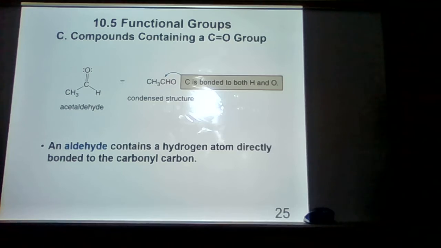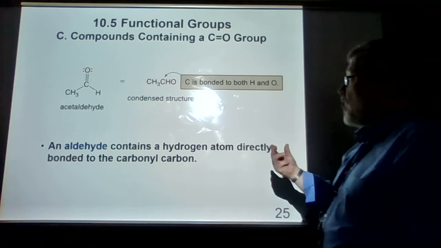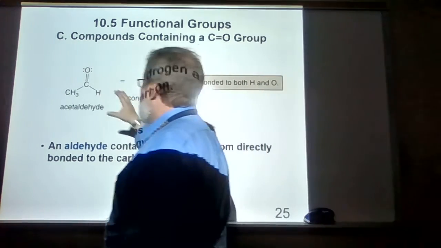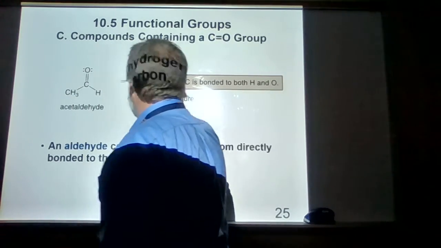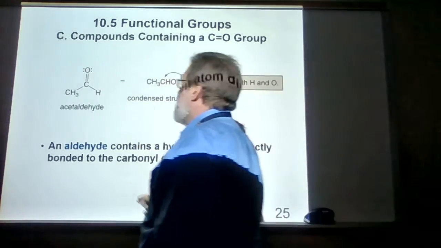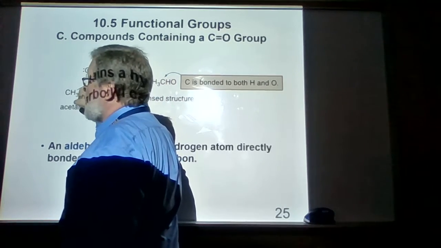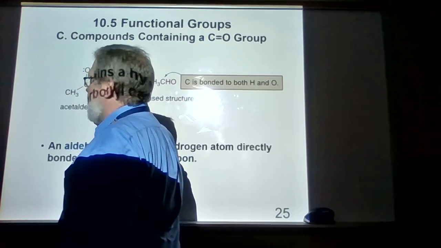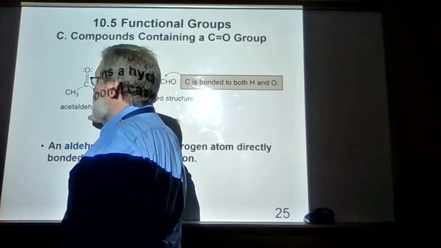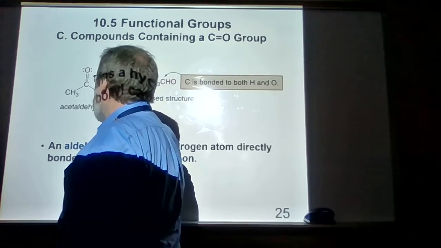We have aldehydes. If we want to push this down to a condensed structure, the aldehyde is a carbon group bonded to your aldehyde carbon, bonded to a single hydrogen. Carboxylic acid is the OH.